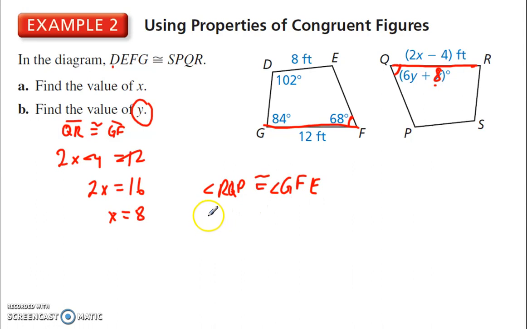So RQP is 6y minus 8, because we found x, and that is equal to 68. Add 8 to each side. 6y is equal to 74. Divide by 6, and y is equal to 14.